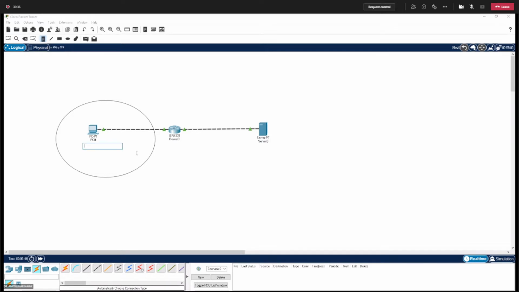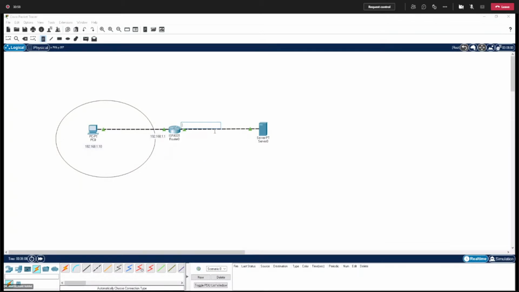and the IP address of the computer is 192.168.1.10. The IP address of this interface, the left interface of router, it is 192.168.1.1.